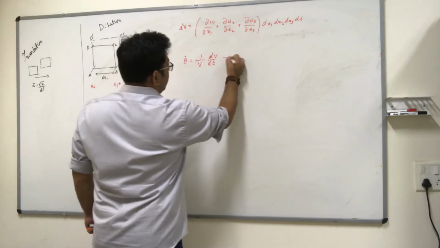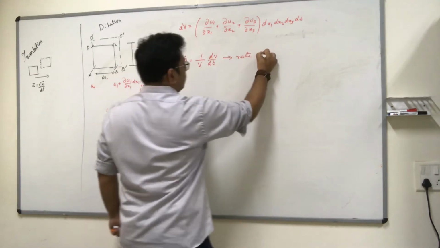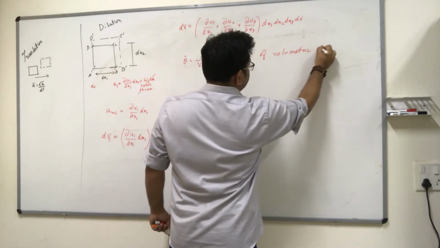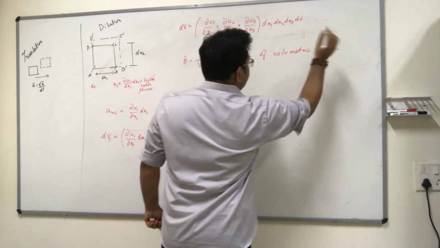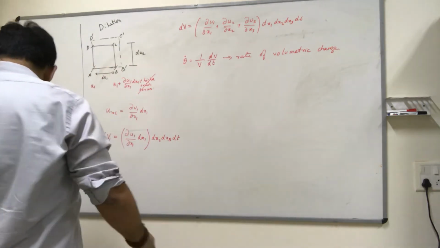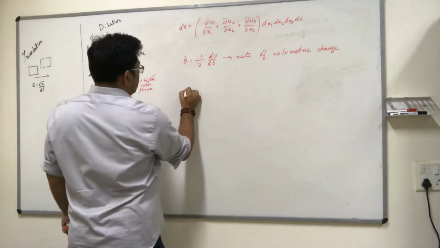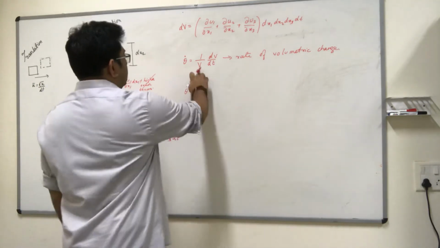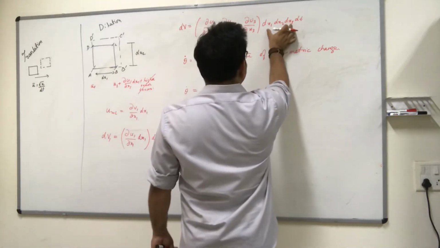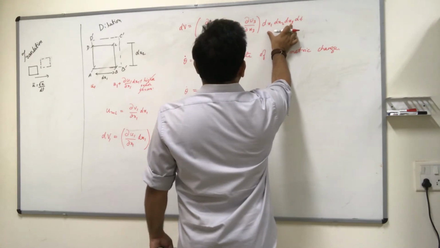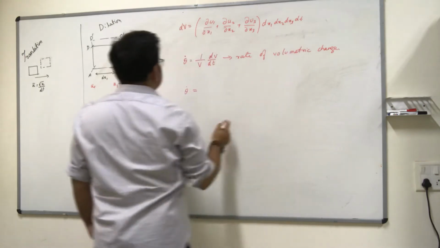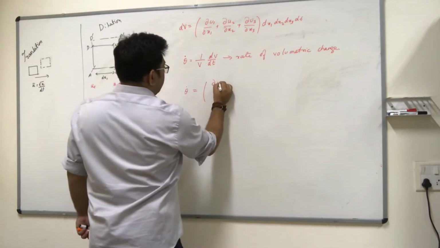This is my rate of volumetric change. So what is my theta dot? See, this V is the volume of the infinitesimal element, right? And this dt can cancel with that.